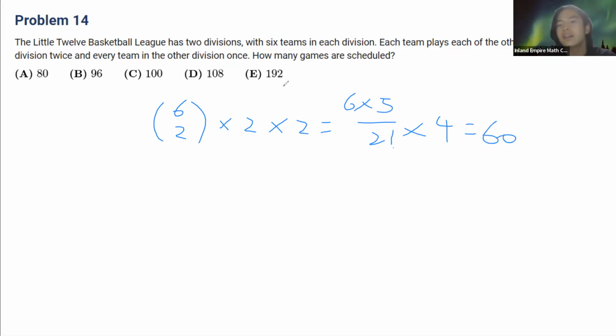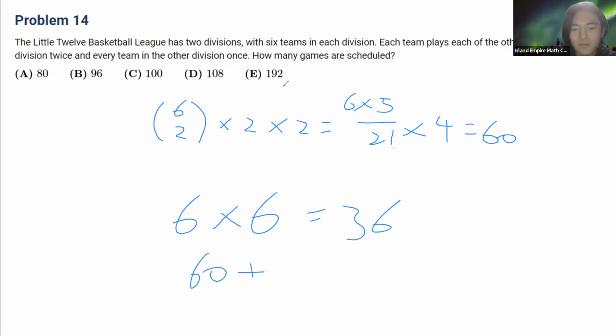And now for the interdivision games, you know that for the first division, there's six options. For the second division, there's also six options. So you have a total of 36 possible games. And 60 plus 36 gives you a grand total of 96 games, which is B.